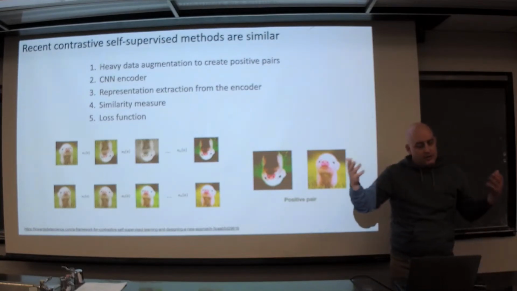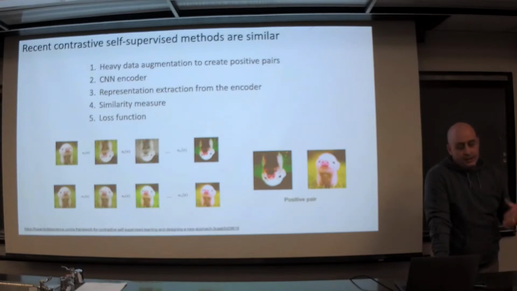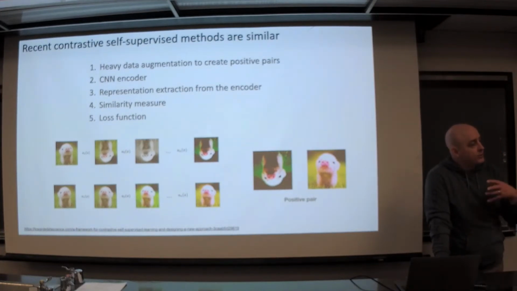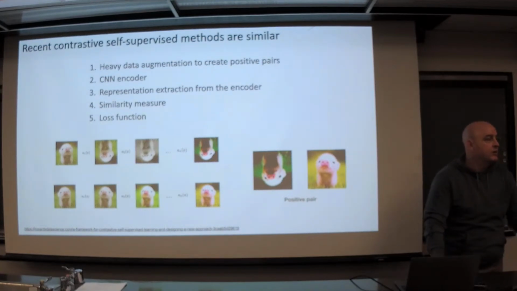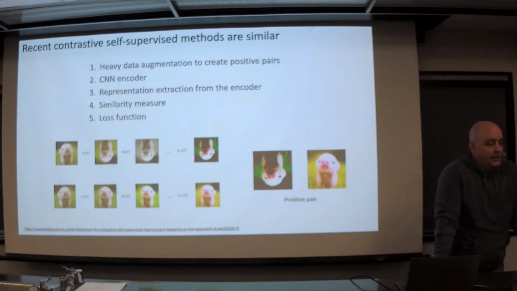But it turns out that in these data sets that we have, like ImageNet, where there are lots of examples per class, when we sample our mini batches, it'll be very rare that we will actually sample two images from the same class. And when we do, it'll just be one amongst many negative examples.